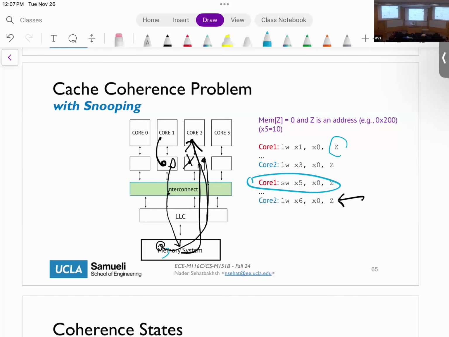On the other hand, we also want a shared cache because it gives us better utilization and makes sharing easier. So we want to share and we also want private caches. That's why coherency is an inevitable, unavoidable problem. How do we solve it?